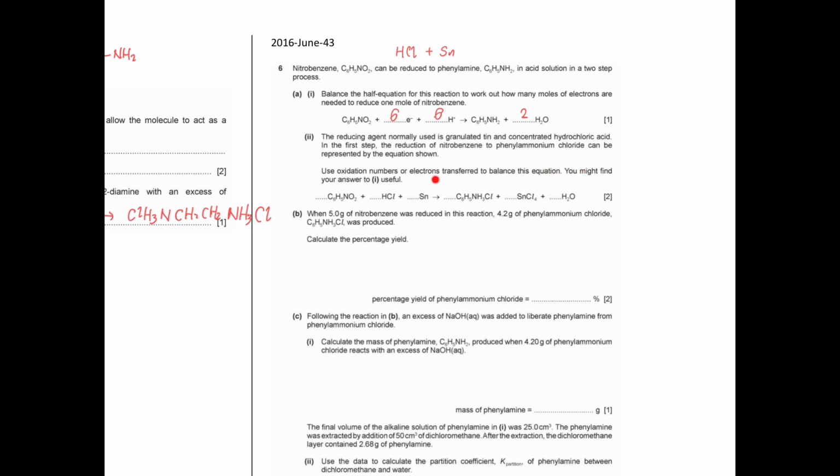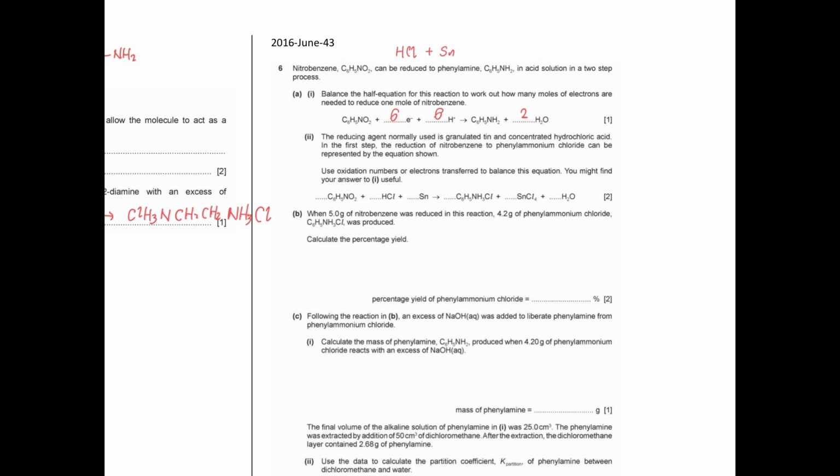You might find your answer to part 1 useful. So this is our equation in part 1. Now they want us to balance this equation, and they already give you hints, saying you have to use part 1 to help.